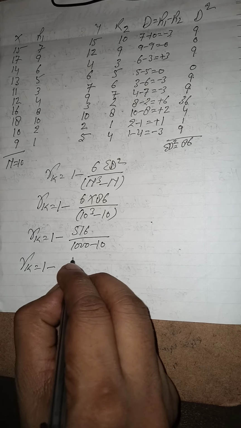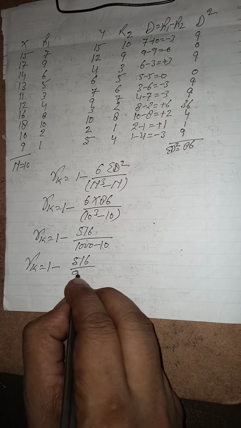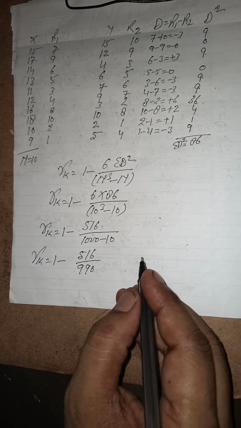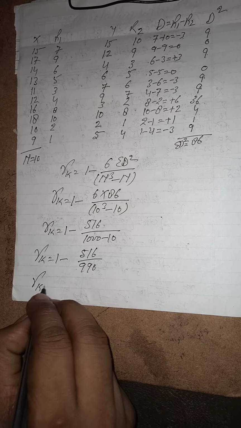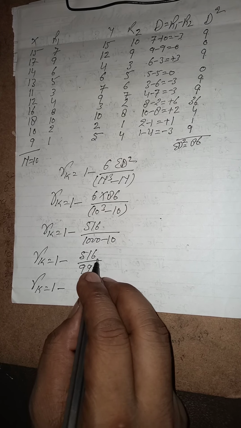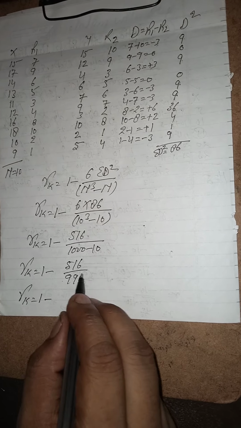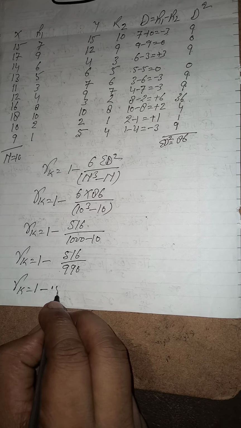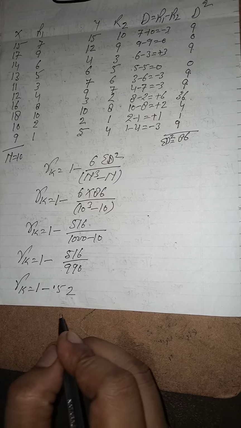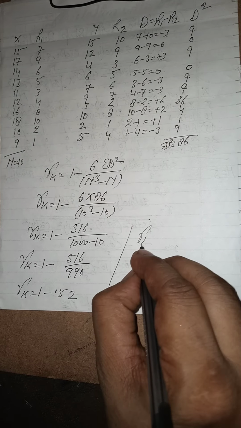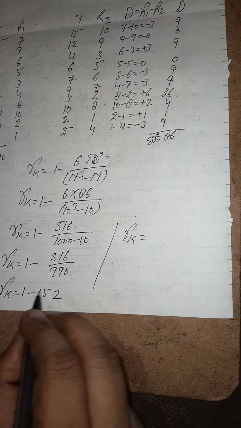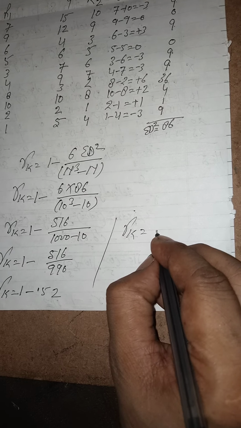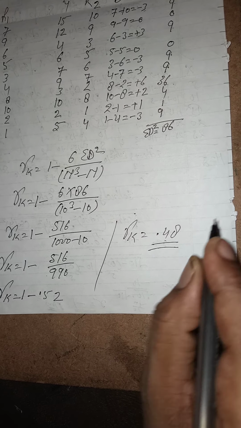RK is equal to 1 minus 516 divided by 990. When we divide 516 by 990, it is about 0.52. So RK is equal to 1 minus 0.52, which equals 0.48. That's your answer.